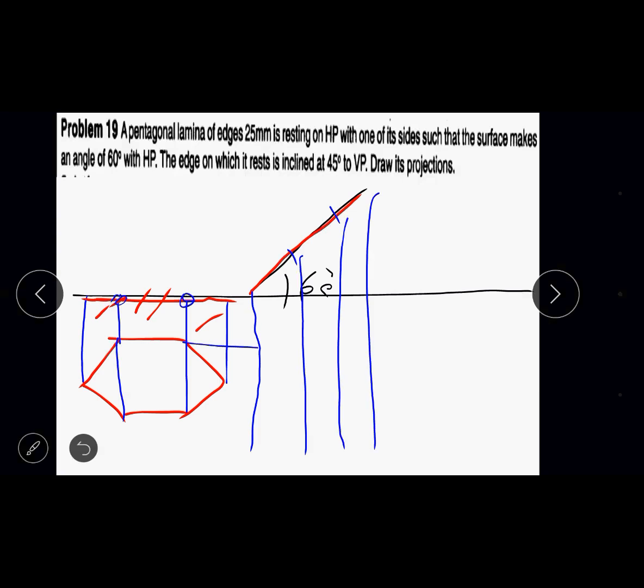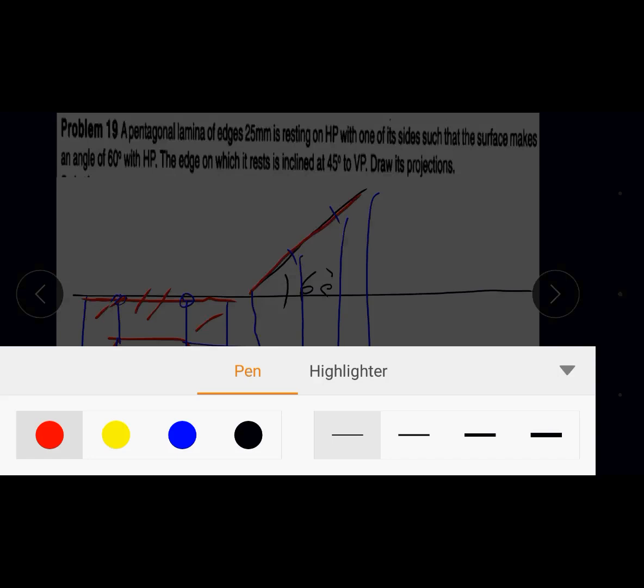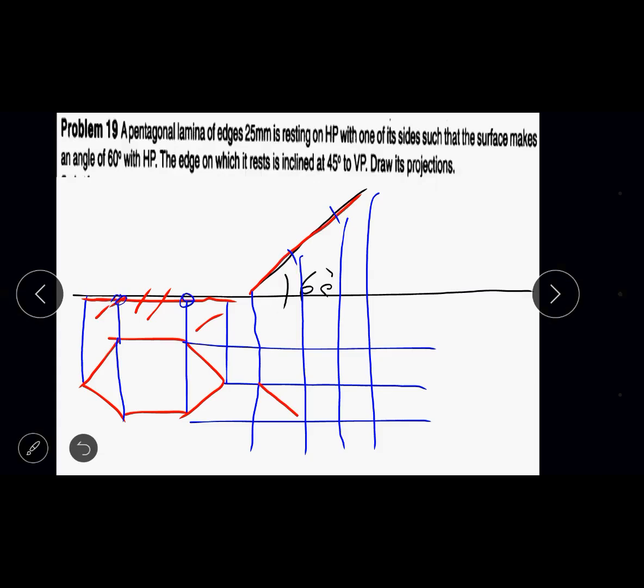With the help of the locus lines, you will get the regular shape. The starting point will be this one. It starts from here, and then it goes like this.